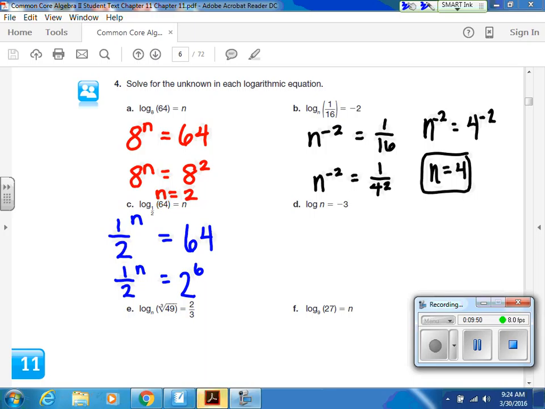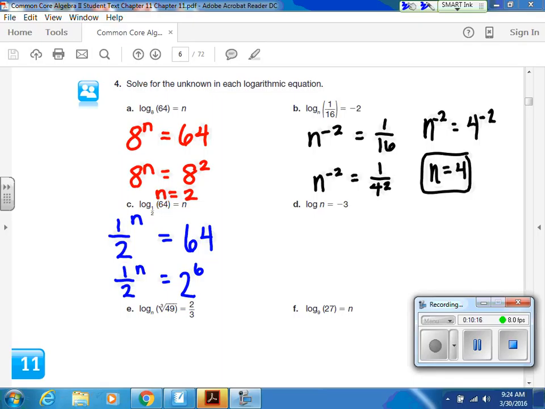So I think it's going to be somewhere with 6. But what's the difference between these two numbers right here? This is a 1/2 and this is a 2. Could I do something with this to make it look like a 1/2, just by messing with the exponent?